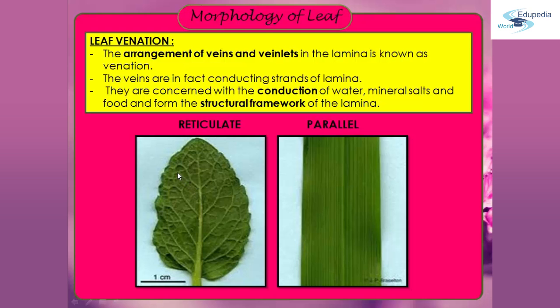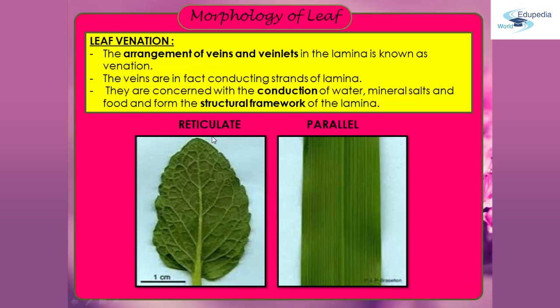How they are arranged is known as leaf venation. The veins are in fact conducting strands of the lamina. They are concerned with the conduction of water, mineral salts and food, and they form the structural framework of the lamina.